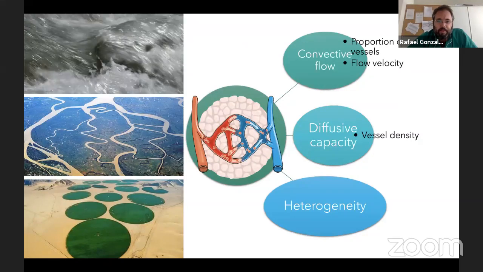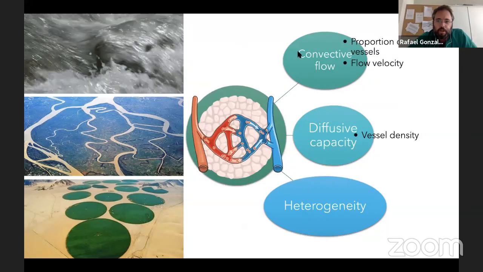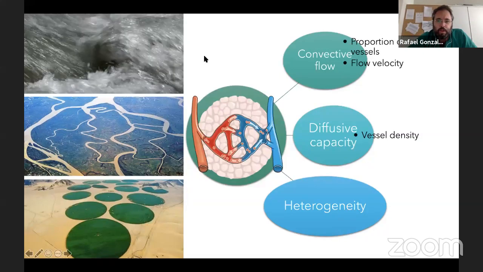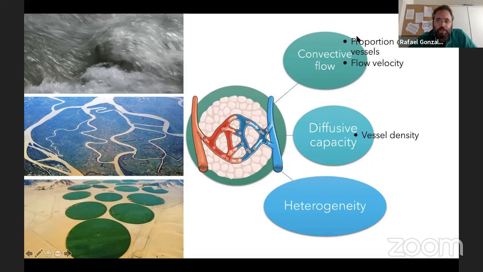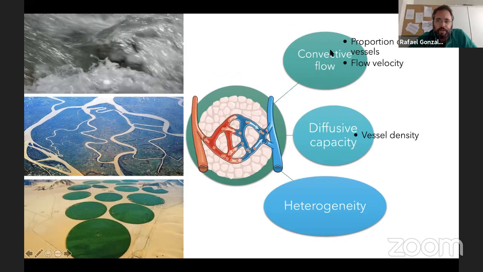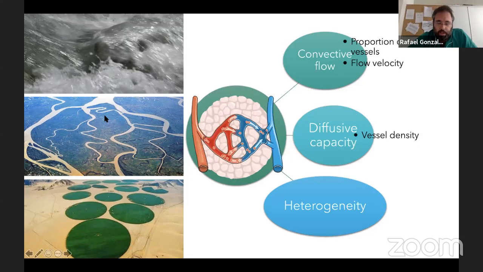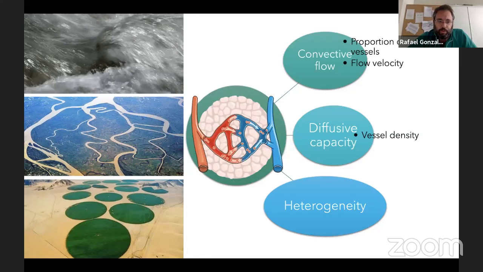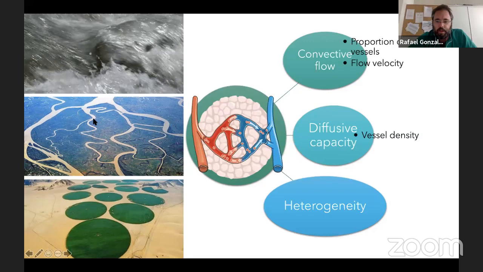Microcirculation is defined by three functions: the convective flow, which is the speed of the blood moving through the vessels, and might be determined by calculating the flow velocity or the proportion of perfused vessels. Also the diffusive capacity, which is determined by the vessel density in the tissue that we are evaluating, like we see in the picture on the left.